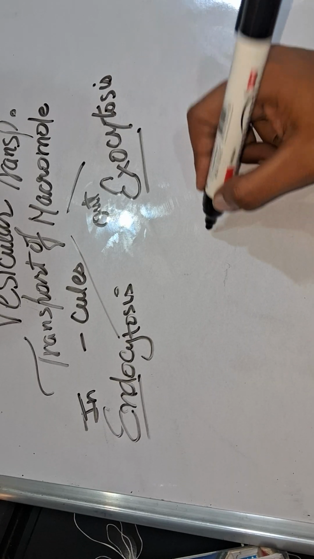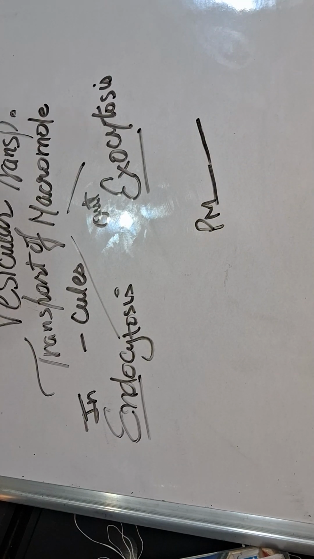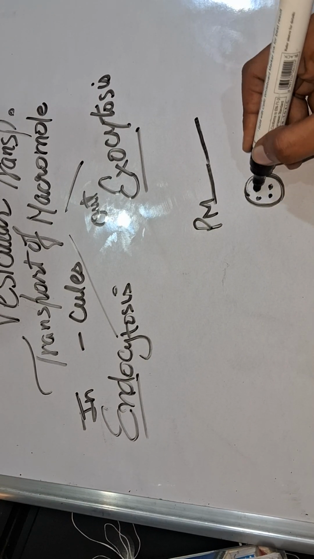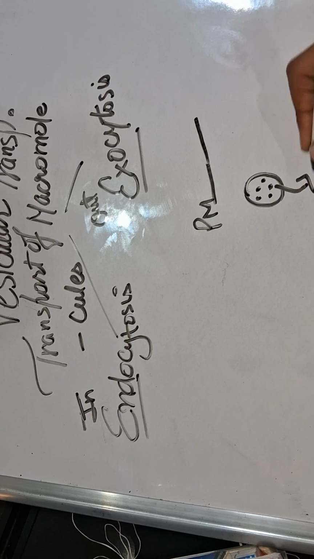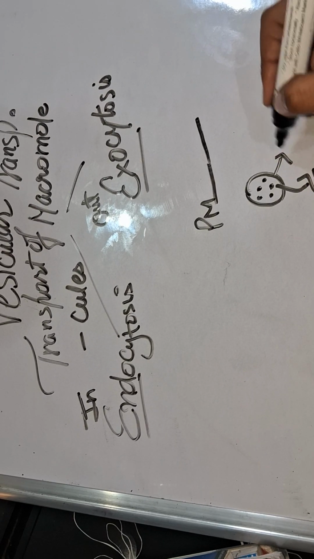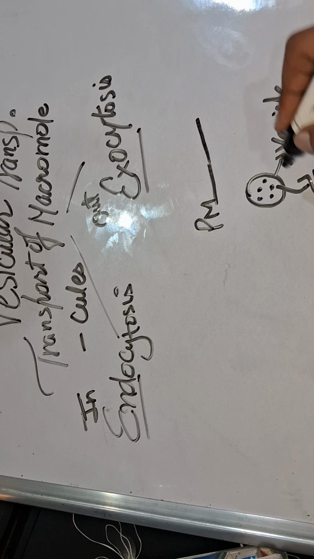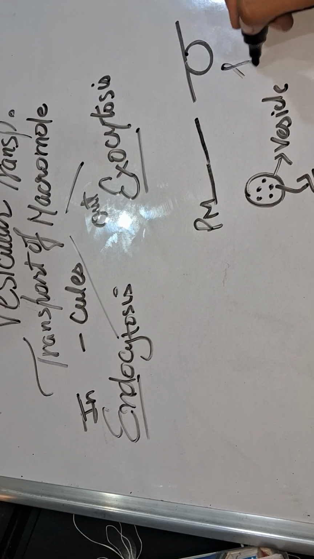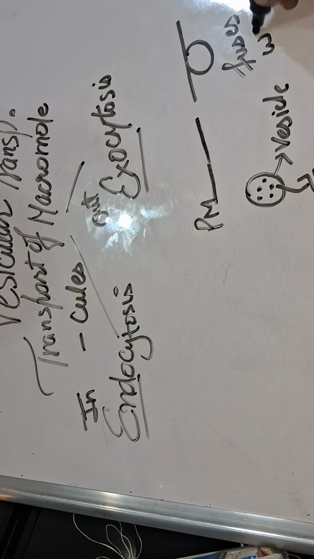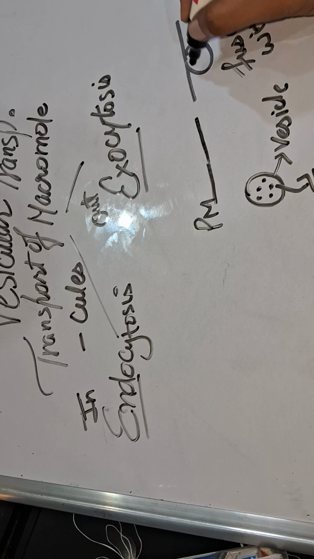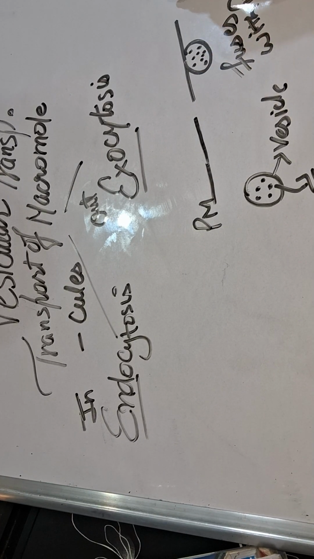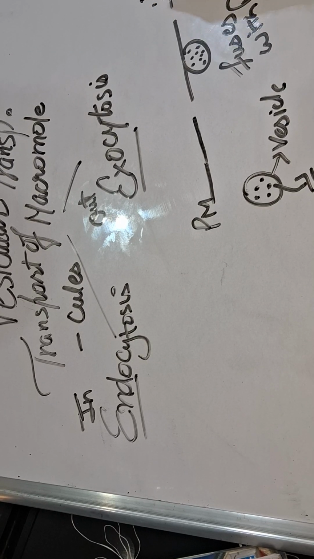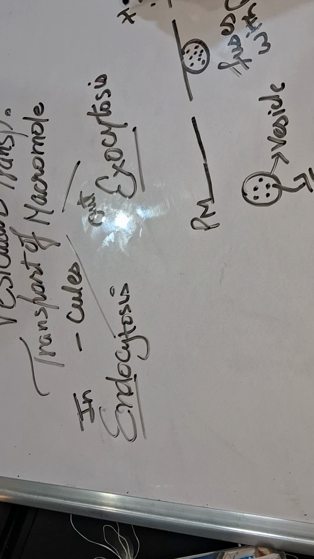Here is the membrane. For example, the plasma membrane is here. These are the vesicles. These are the hormones. For example, the hormone is PTH. Now this vesicle fuses with the plasma membrane in order to release the hormone in the outside environment.